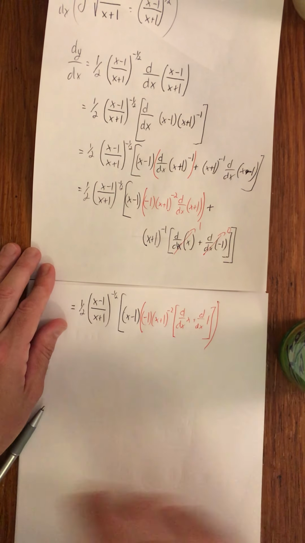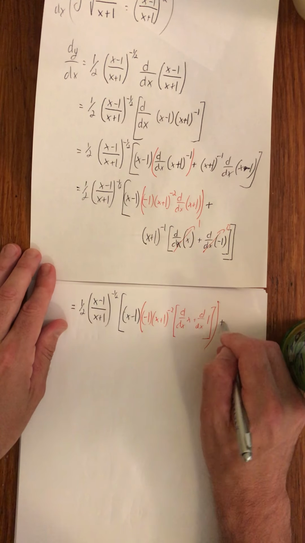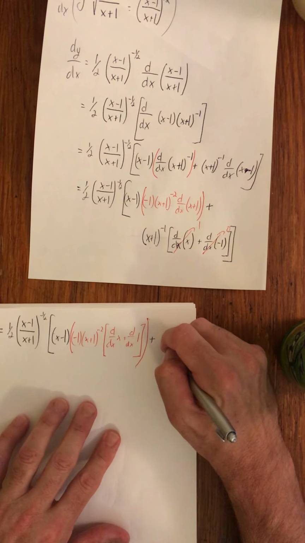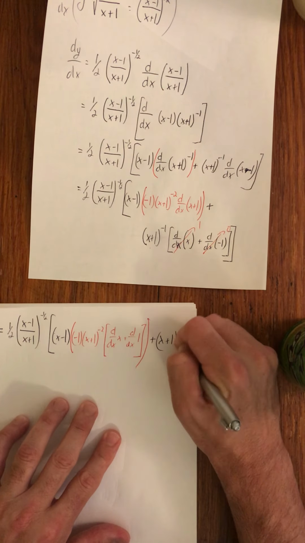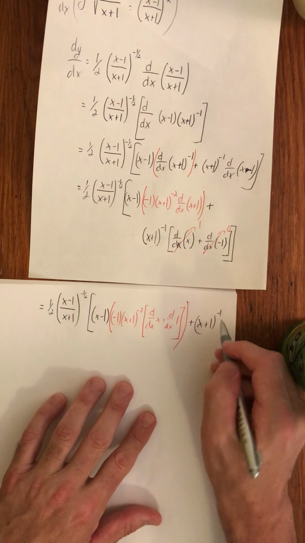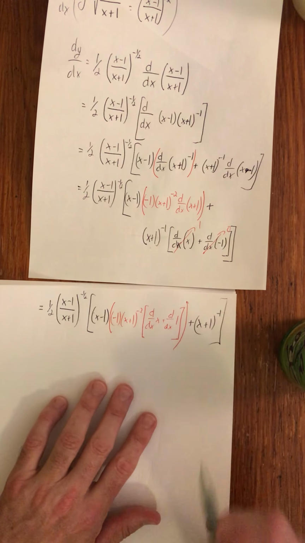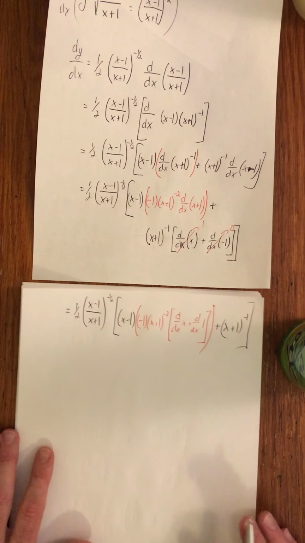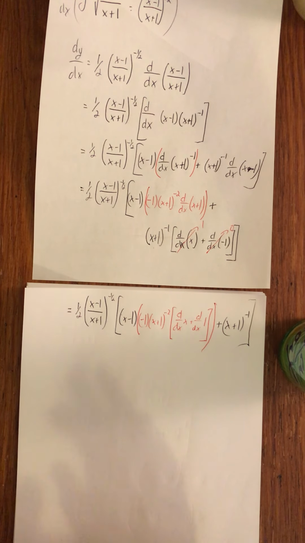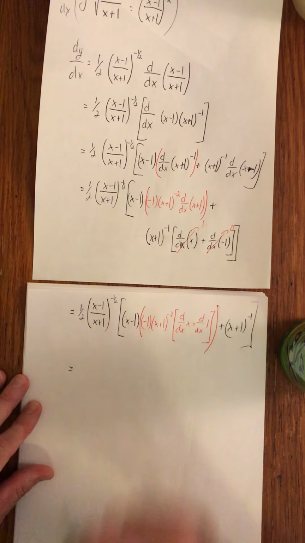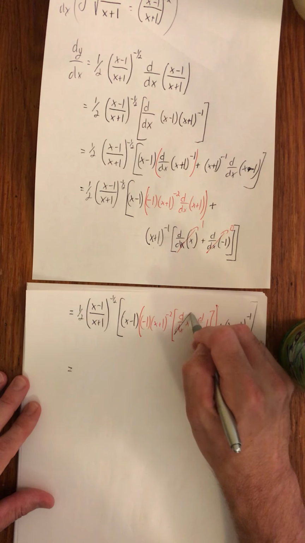That closes that, and then plus, and all I have left here is that x plus 1 to the minus 1 term, because that whole thing went to 1, close brackets. I was able to do that without making my life difficult and without smushing. No smushing allowed.